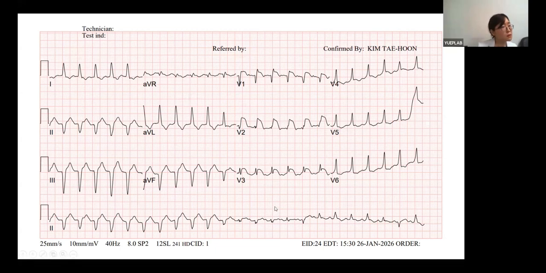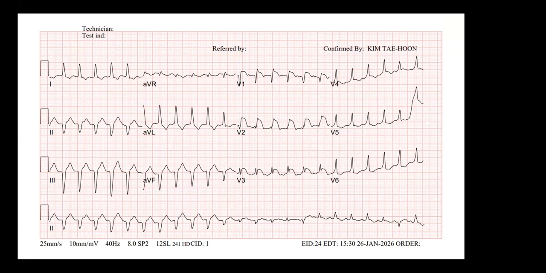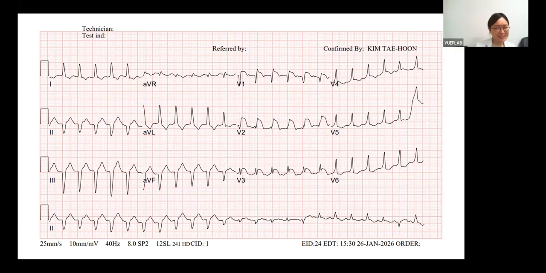Okay, and here, please comment. All of a sudden, the situation happens. I don't know the underlying cause.